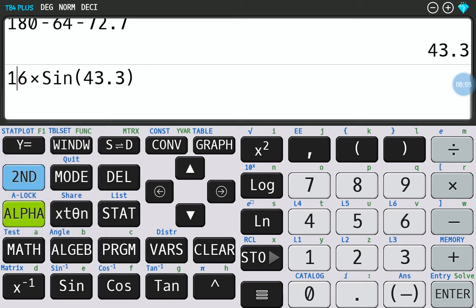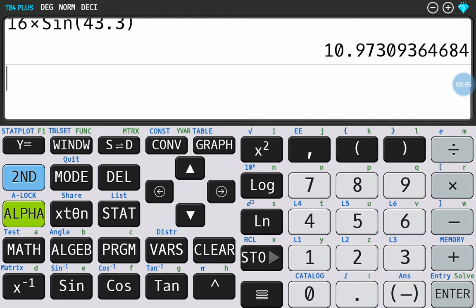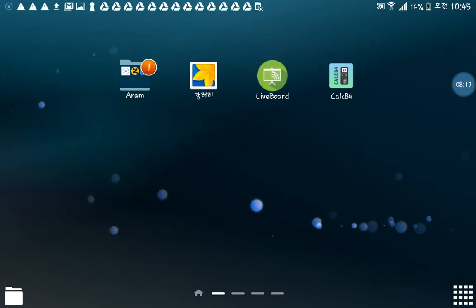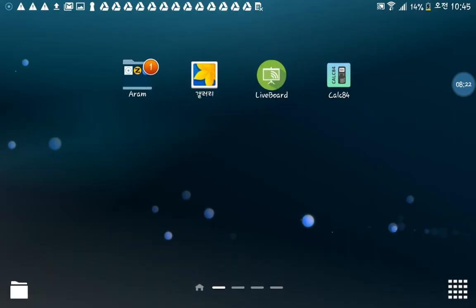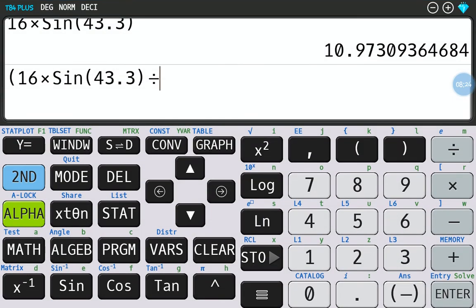Okay, so again, 16 times sine 43.3, that's one group, over sine 64.